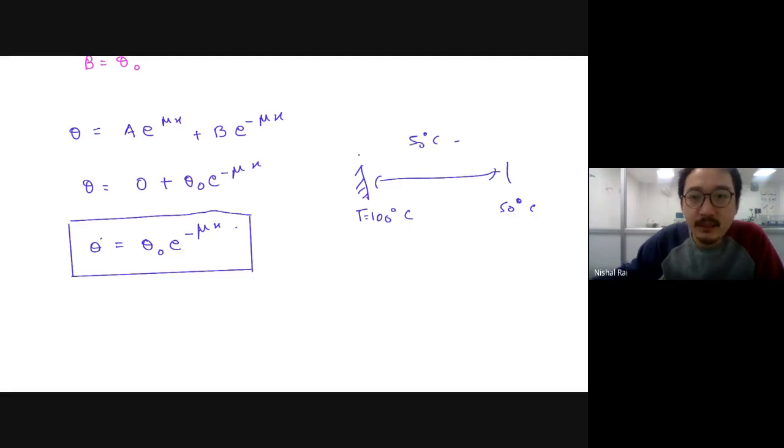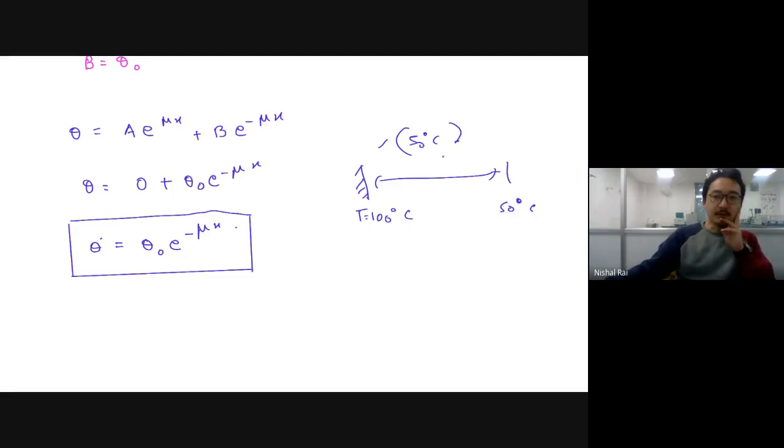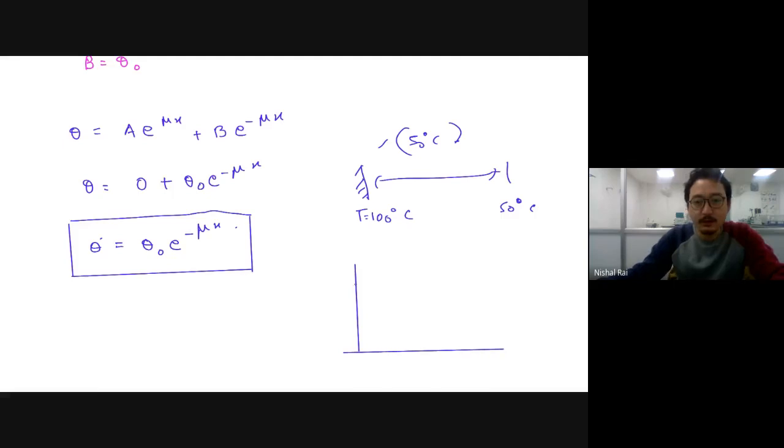Now basically this theta represents this excess of temperature, the 50 degree difference of these two temperatures. And this is how your temperature changes from different positions depending on how it's radiated outwards, how the heat moves outward from hotter zone to colder zone.